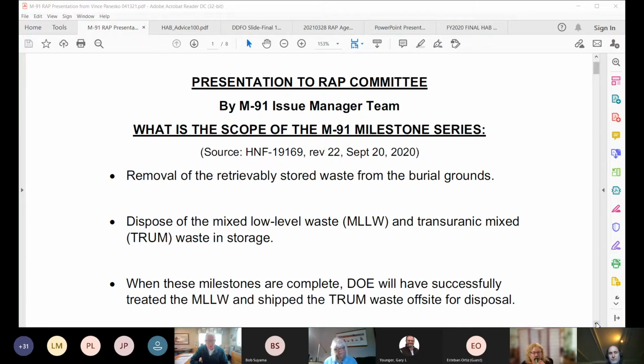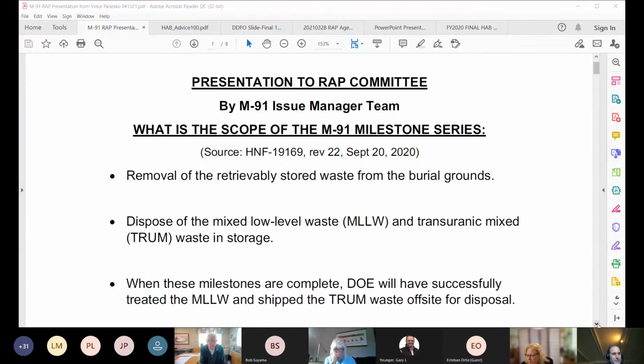I thought this was just on transuranic. And you will see new terminology, TRUM, for transuranic mixed. So they decided to put the mix at the end of TRU, whereas with low-level waste, the M goes in front. Again, this is a historical development, which is what it is.